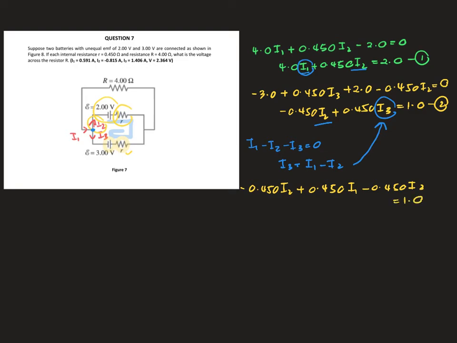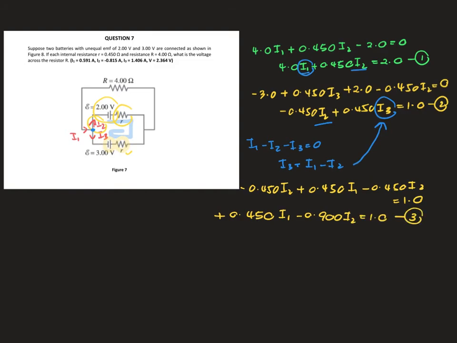Once I'm done with that, I rearrange everything back, so I'm going to put it as positive 0.450 I1 minus 0.900 I2 equals 1.0. So this is going to be my third equation.